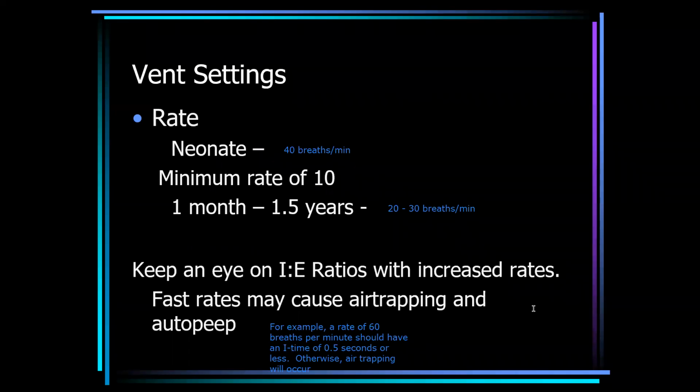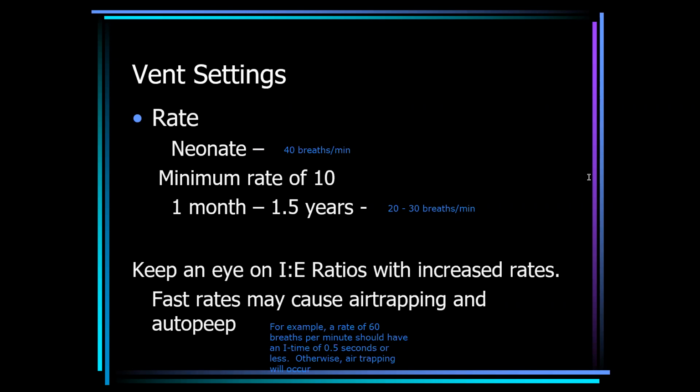So I just wrote, for example, a rate of 60 breaths per minute should have an I time of 0.5 seconds or less. Otherwise, air trapping will occur. So if the IE ratio is 1:1, are you okay with that?